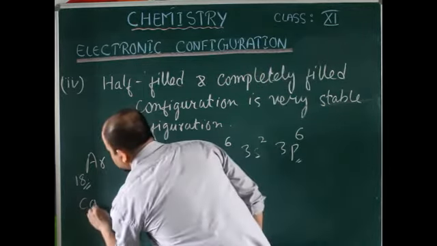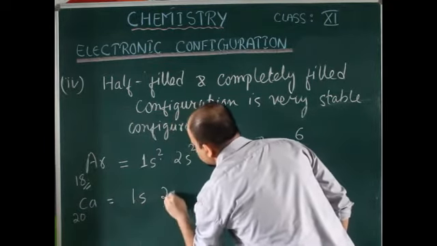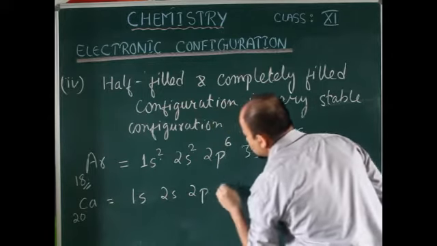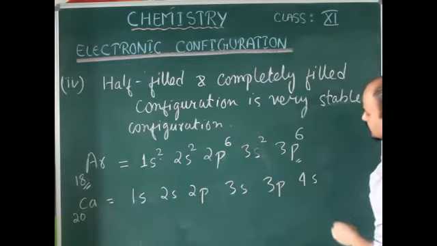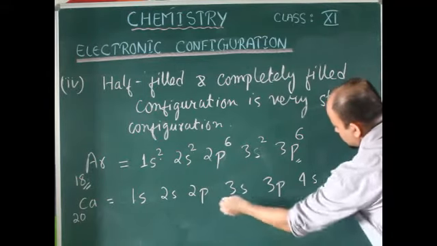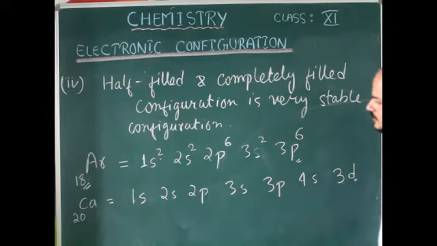Now calcium is 20. So 1s, 2s, 2p, 3s, 3p, 4s, then comes 3d, because d starts from 3. Don't forget, I taught you.